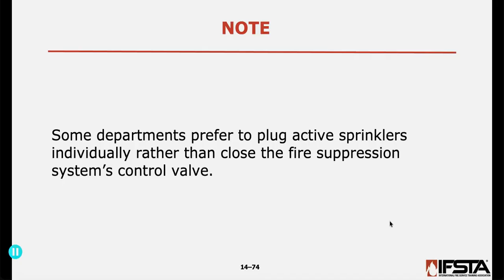Small departments prefer to plug active sprinklers individually rather than close the fire suppression control valve. Yeah, there are devices that we have where you can put that in the actual sprinkler head, and it'll essentially act like the disc in either the frangible bulb or the fusible link. It does the same thing, right?